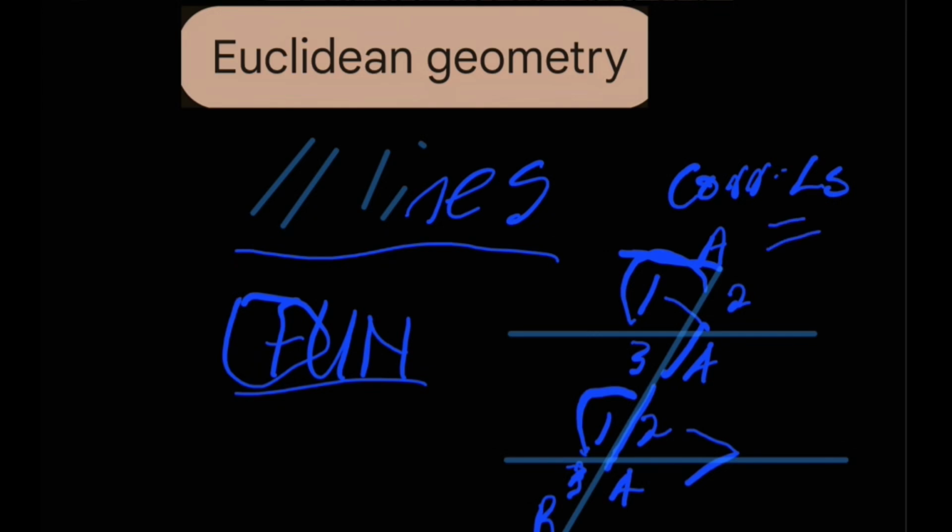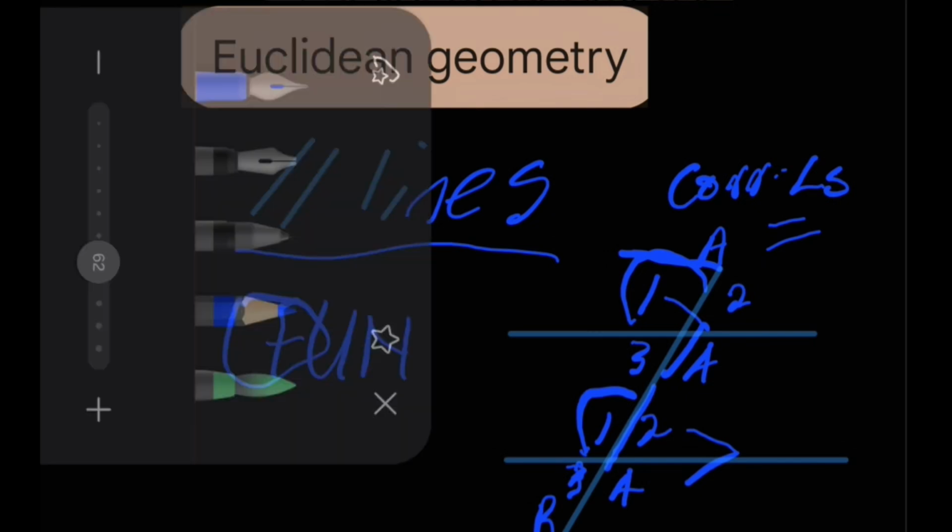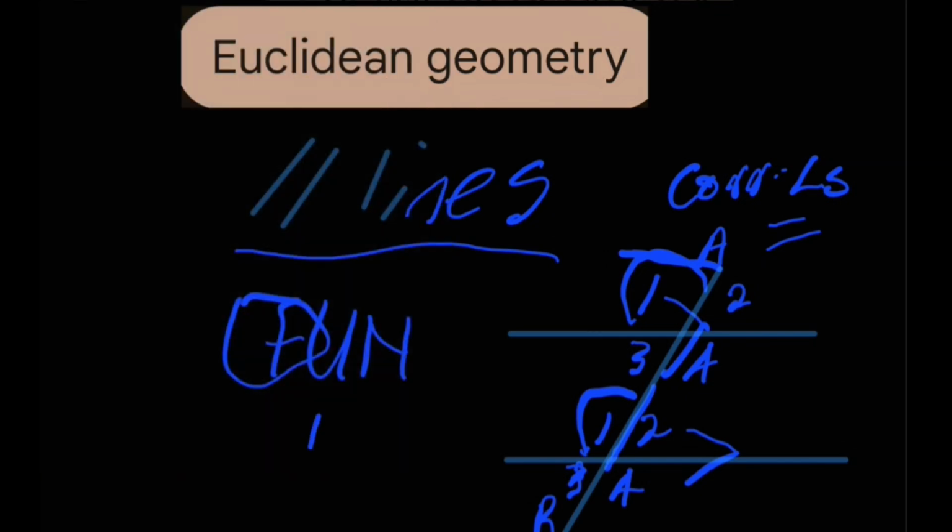So in that case, we'd have to say that angle A1 is equal to angle B1. Then the reason being corresponding angles. So that would be the reason.